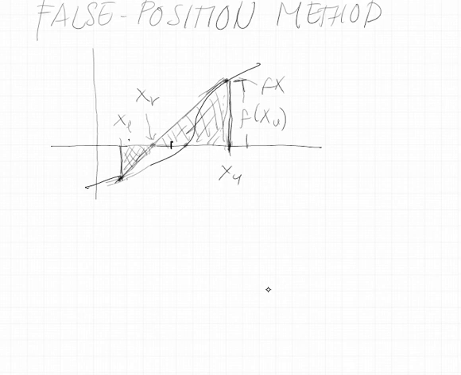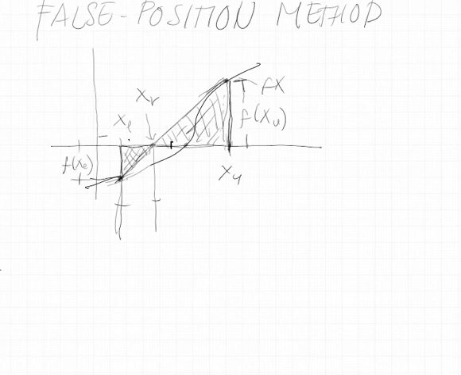Then how about the smaller triangle? For the smaller triangle, the height is f of xl. Then for the bases of the triangles, first, what is the length of this base?